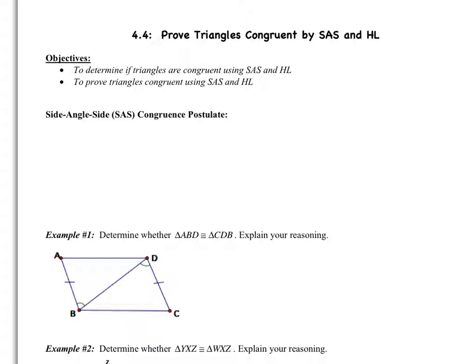Before, we learned SSS: two triangles are congruent if all three pairs of corresponding sides are congruent. Today we're going to add two more theorems. The first one is SAS, side angle side.